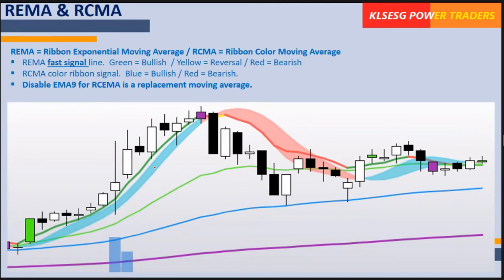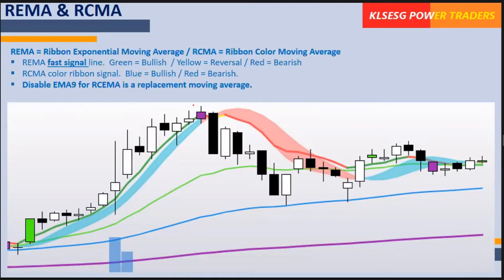A fast signal is good, it gives you a faster signal, but it can also give you false signals. That's the reason why if you have a fast signal, you must have a slower signal. That's where the ribbon comes in. Once there's a fast signal going to change the trend, then the ribbon will come in. So there's a fast and a slow signal here.